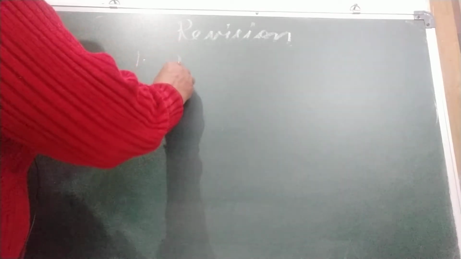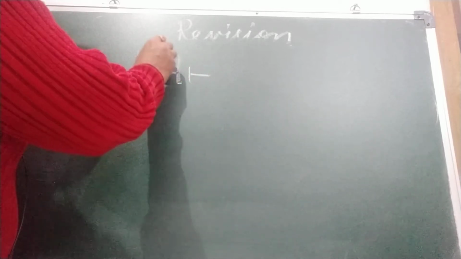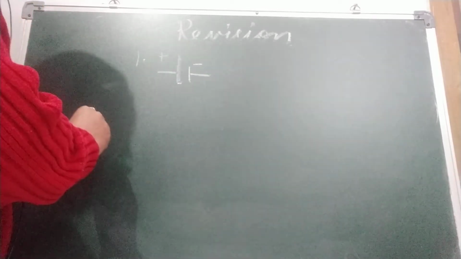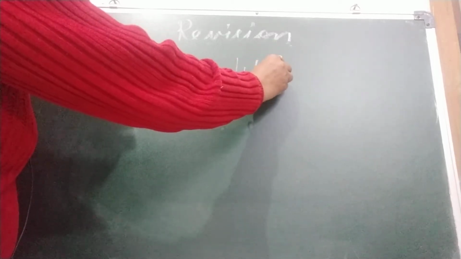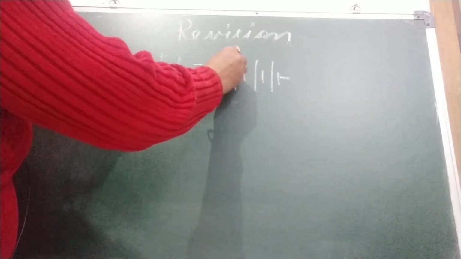Okay, there are different components we use, and we denote these components by symbols. Like this is the symbol of cell. This is positive side, negative side, and the combination of two or more cells is called battery.